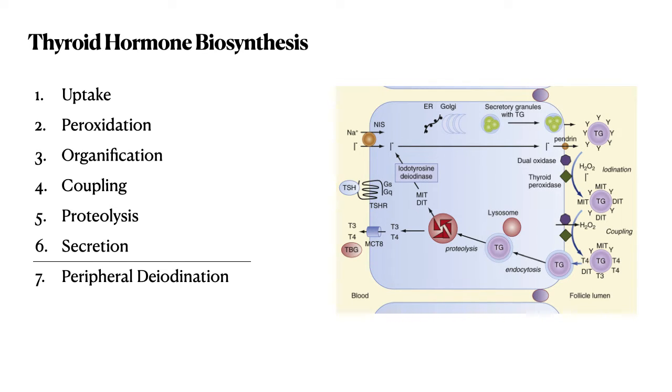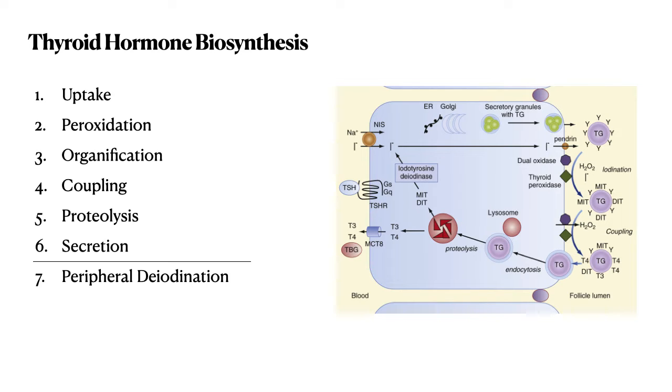So let's now focus our attention on this image on the right. The uptake is performed by the sodium iodide symporter, or NIS, which is manifested here as the orange circle. The thyroid follicular cell will continuously take up sodium and iodide from the bloodstream, and through the action of the symporter, the sodium and the iodide will find their way inside the thyroid follicular cell.